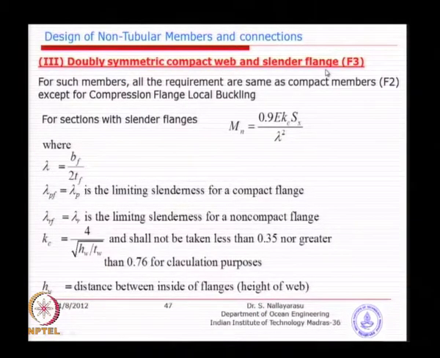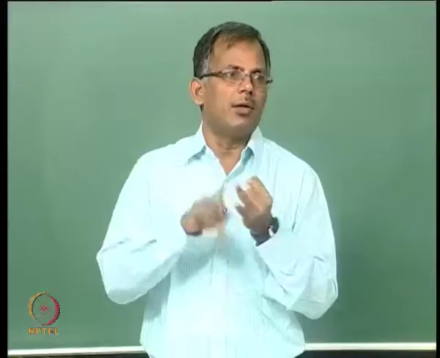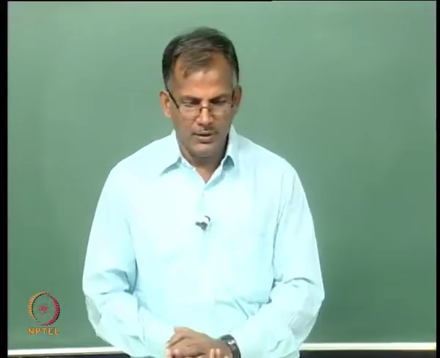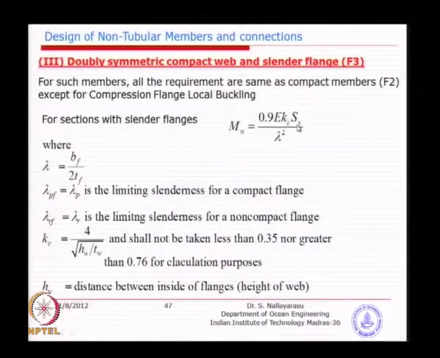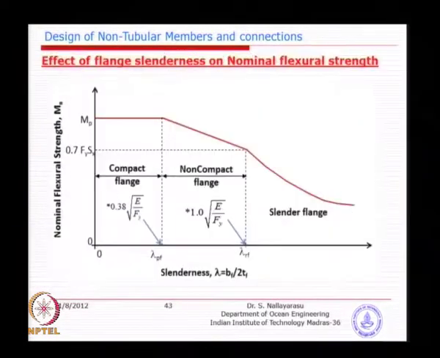So the web is kept compact, but the flange goes from compact to non-compact and becomes slender. You could see the form of the equation here, it becomes elastic, and there is no more plastic section modulus. So it becomes reduced capacity, and you will be somewhere here. So what we did was, we did here and then in here.